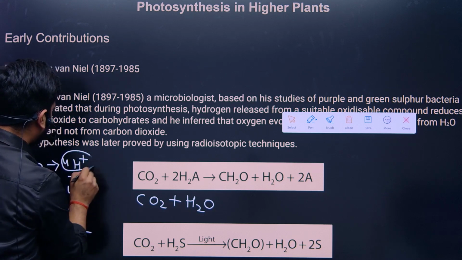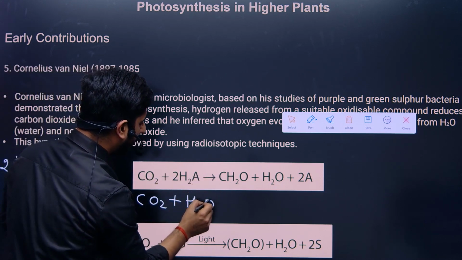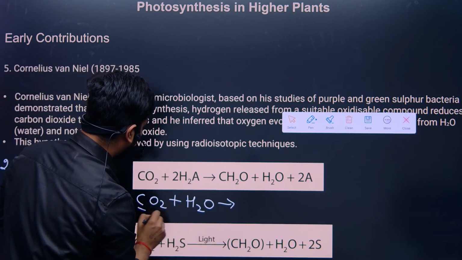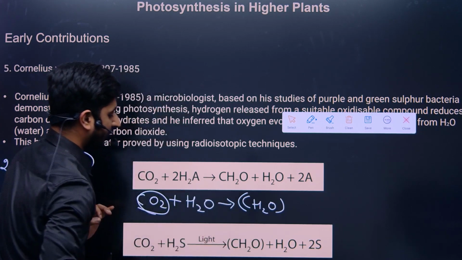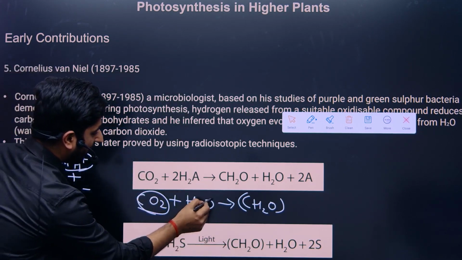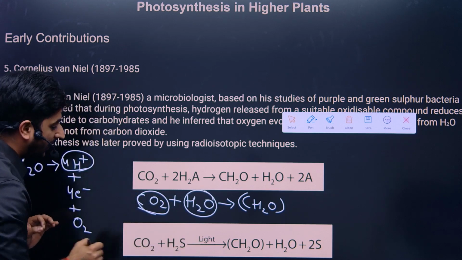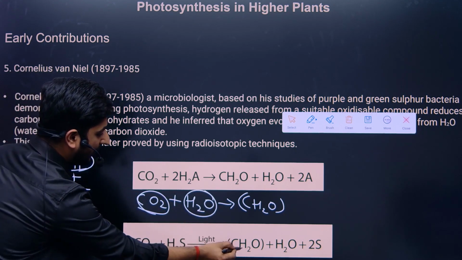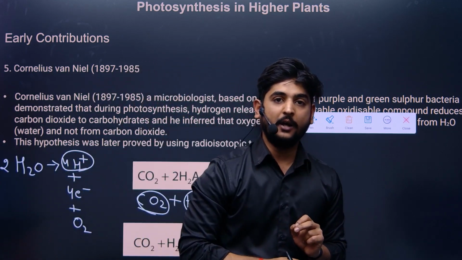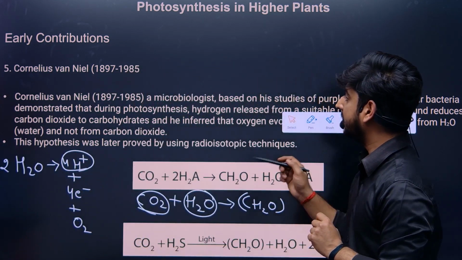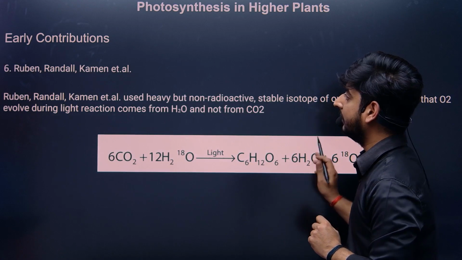And these 4 protons are actually being used to combine with this carbon dioxide to produce this sugar. In the same case, if water is being replaced by hydrogen sulfide, now protons are going to be gone here and sulfur will be coming out at the end. So this important contribution is coming from Cornelius van Niel.